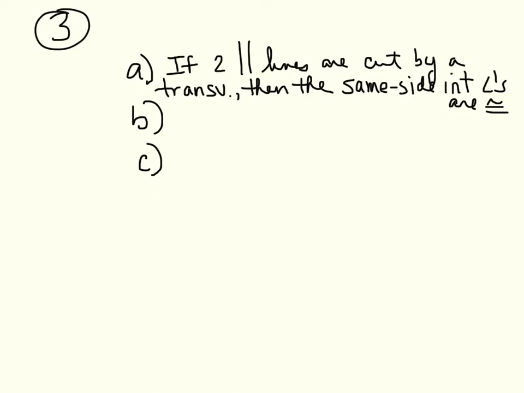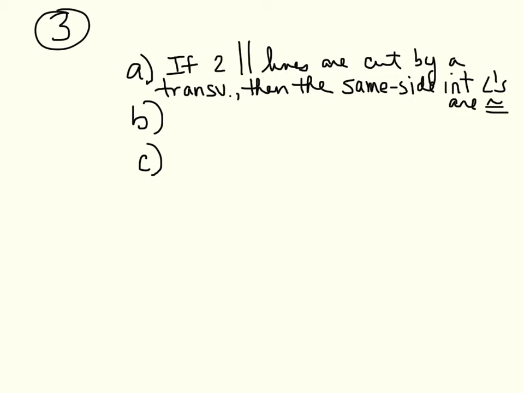So then in the last step, in step 5, which is C, it says that angle 1 and angle 3 are congruent. Why is that? This is a little harder. We've proven in step 2 that angle 3 and angle 2 are supplementary. In step 4, angle 1 and angle 2 are supplementary.